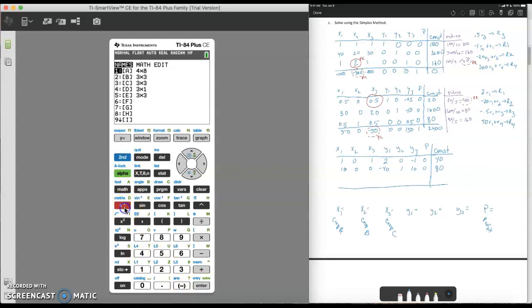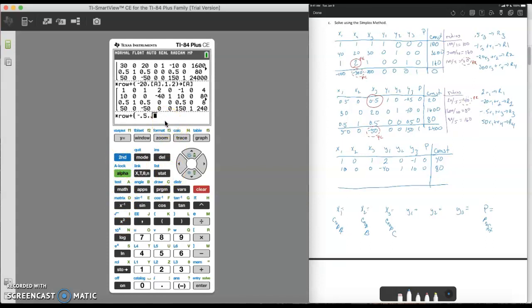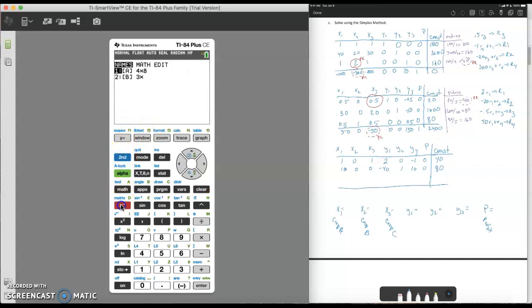Okay, 2 more times. Get into another times row plus here. This time we're doing a negative 0.5. Oops. That's not what I want to do. Delete that. Start again. Hit the wrong button.